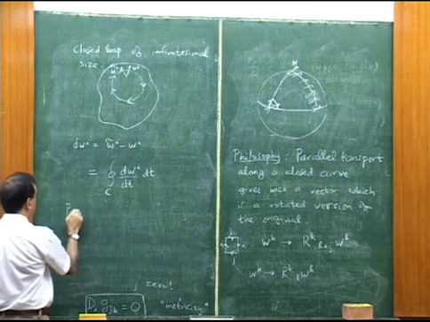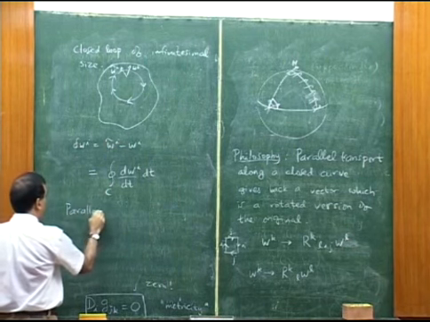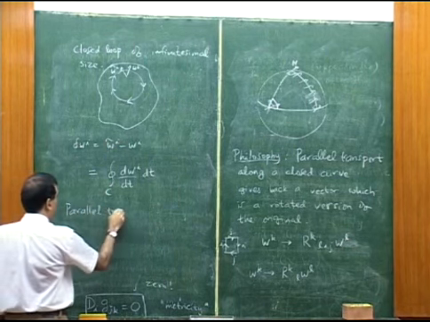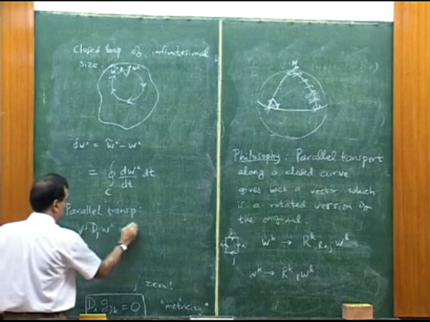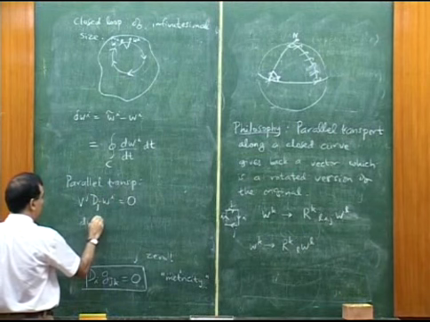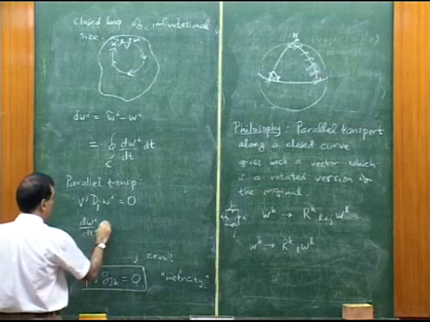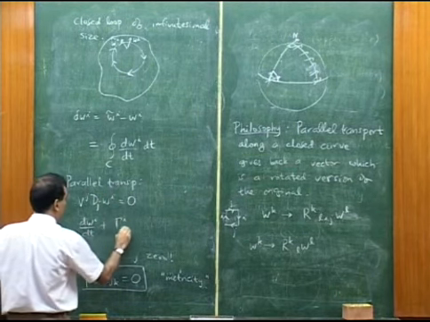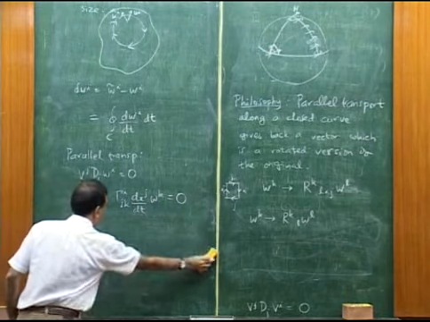But parallel transport means the equation ∇_j W^i equals 0, how we defined it, or another way of saying it is dW^i by dt plus Gamma^i_jk dx^j by dt W^k equals 0. This is the equation of parallel transport.